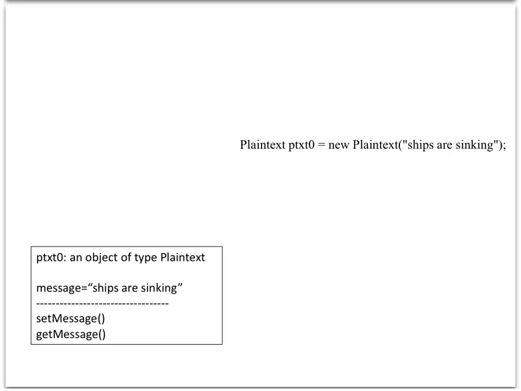Here we have the same instruction from the previous slide. This line is creating the object, and once you execute the line, it will give you this object in the memory. Also note that the value of the message is shifts are syncing.